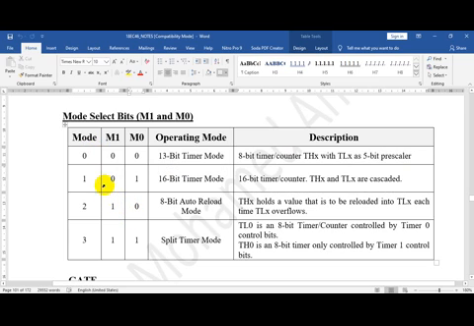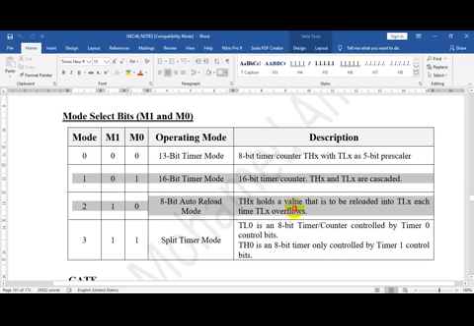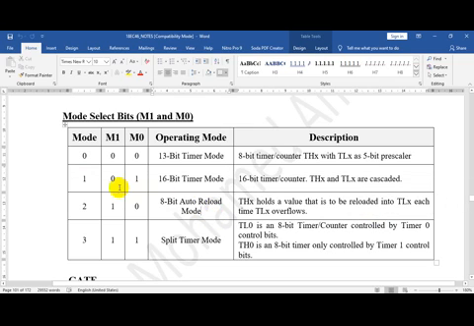The only two modes we will be using are mode 1 and mode 2. Mode 1 is called the 16-bit timer mode. To configure the timer in 16-bit mode, you write 0, 1. In this case, the count will be loaded into the THx and TLx registers.